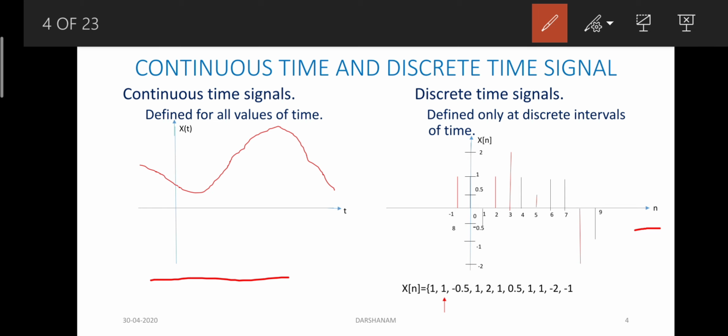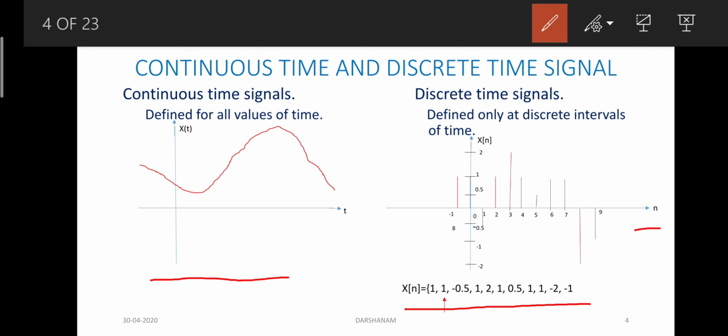Why discrete time signals are called as sequence? We can see that the discrete time signals can be represented by a sequence of numbers. Here x of n is equal to 1, 1, 0.5, -0.5, 1, 2, 1.